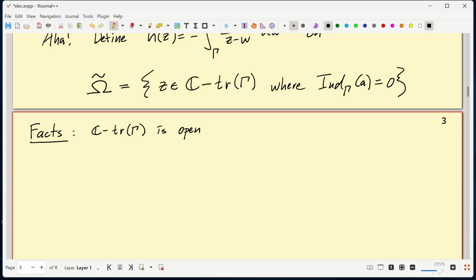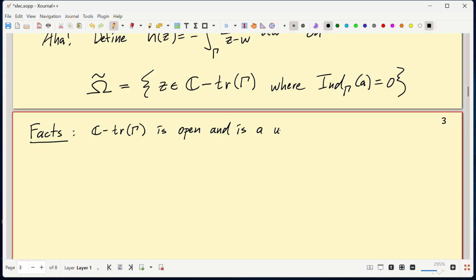And it's a union of connected components.